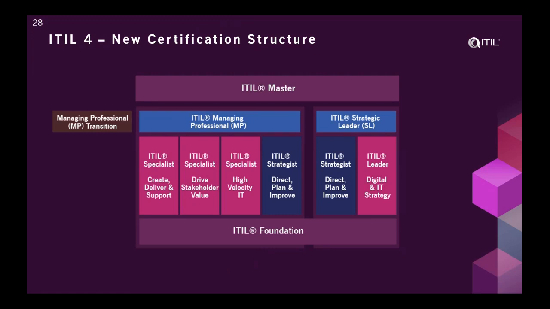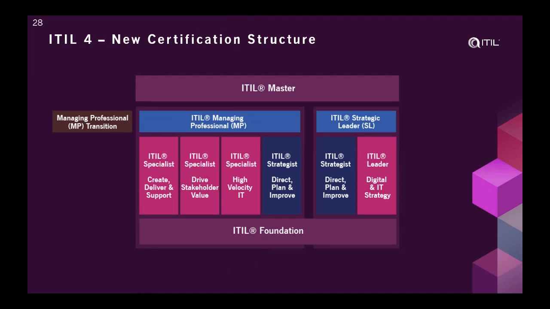The ITIL digital IT strategy book is in the last stages of being developed, and it should be out soon. I'm not quite sure exactly when, but it will be out soon. If you have that and the direct plan improve, so direct plan improve is on both sides because it's considered that there's stuff in there that the strategic leader needs to understand. If you do those 2, you would get the designation of strategic leader.